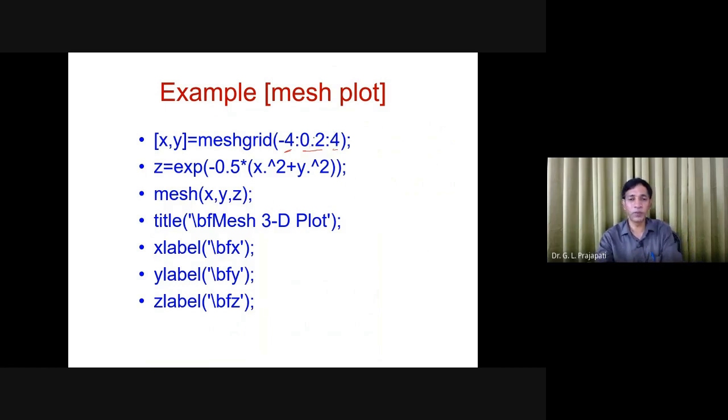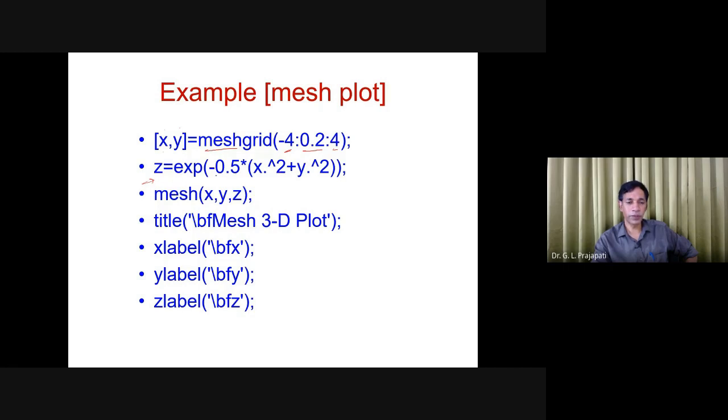So x and y values are both in the same range. One output of this meshgrid is the two-dimensional arrays x and y. And corresponding to this, you will have the z value also, and this is also two-dimensional. You are computing the z with the help of x and y.